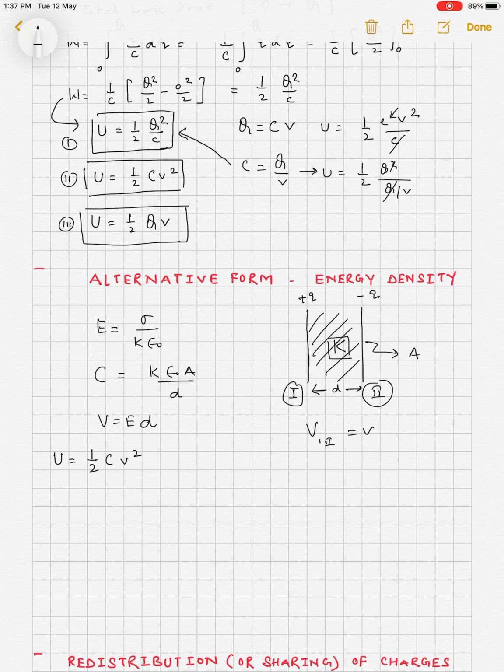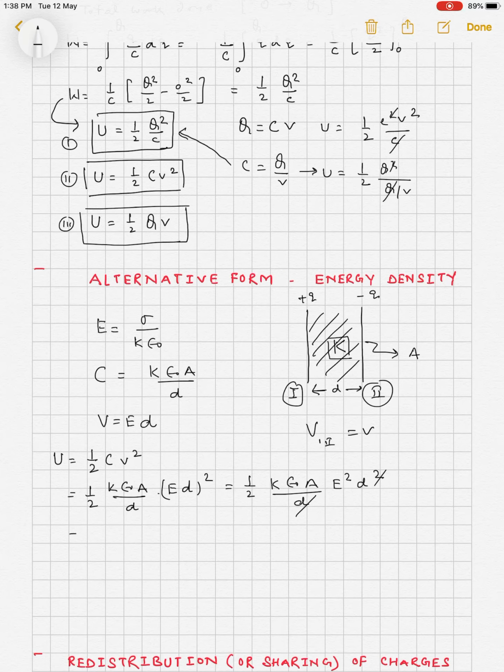Using this formula, we will get half, while putting the value of C, K epsilon naught A upon d, and V equal to Ed, so it is Ed whole square. So half K epsilon naught A upon d E square d square. So one d is cancelled out.